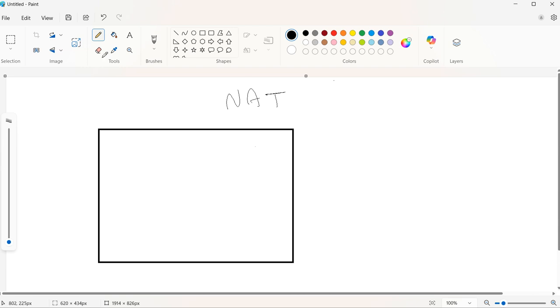Now, what we learned is inside the autonomous system, we have private addresses. Why? Because you don't have enough public addresses.